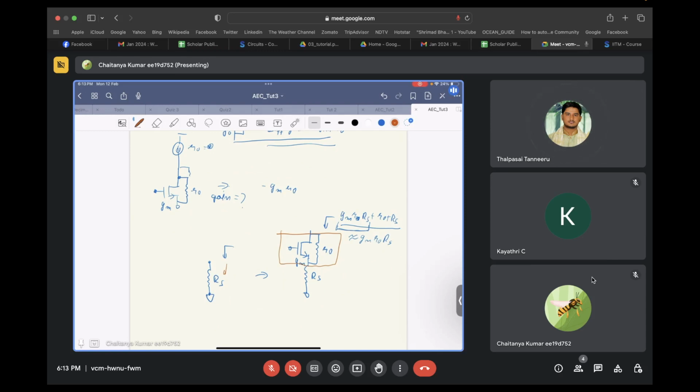But you make a practical current source, and let's say you are not getting a high enough output resistance from it. So on top of that you can put this transistor, and the output resistance of the current source will be increased by the self gain times. You understand?